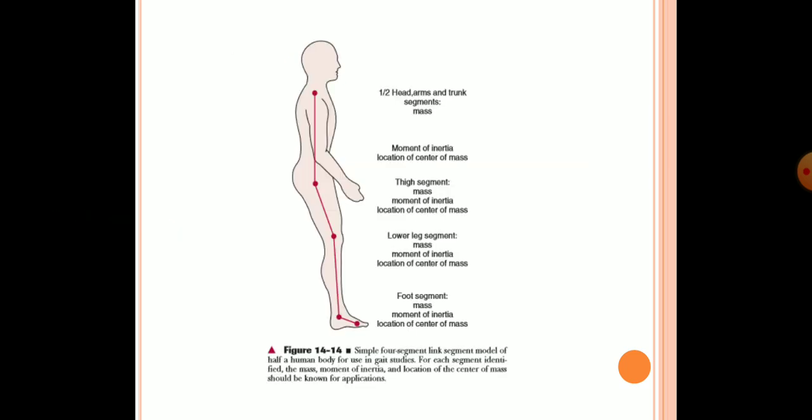So the easiest way to analyze these kinetic forces is by this four body segment model. That means we are dividing our whole body into four segments, and basically all the forces which are acting on gait are represented by this four body segment model, and it goes from distal to proximal direction.